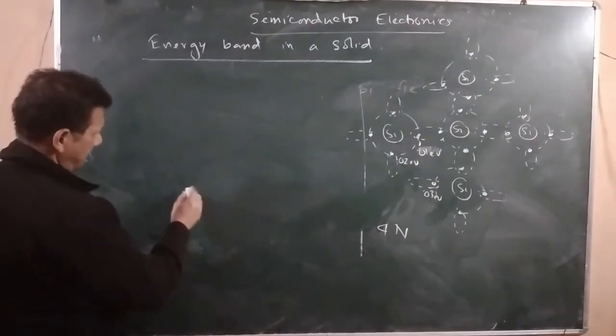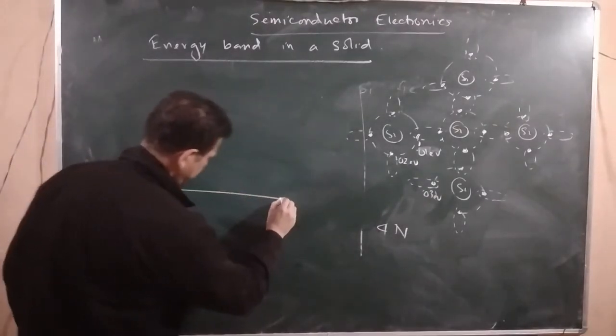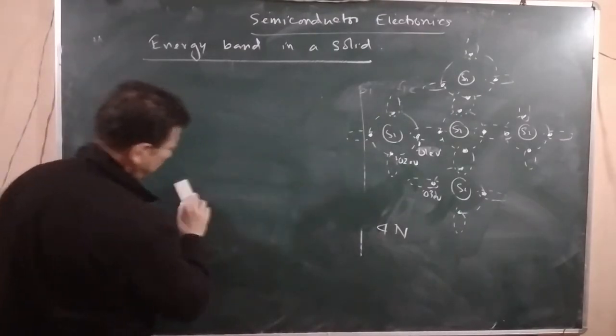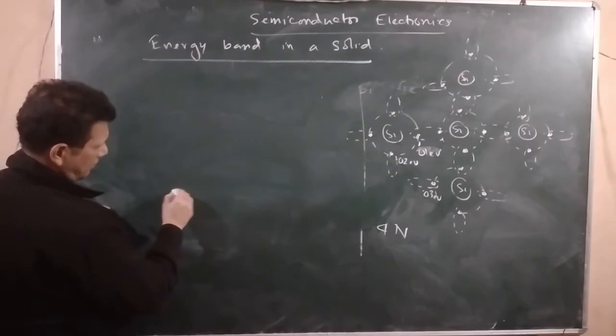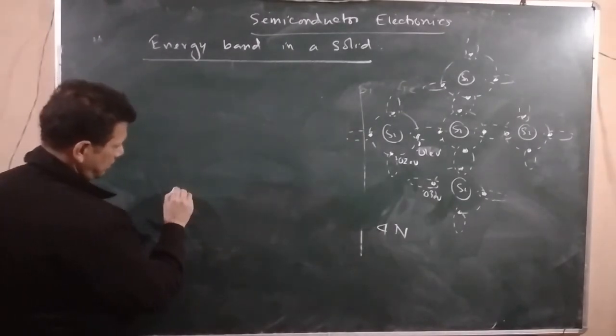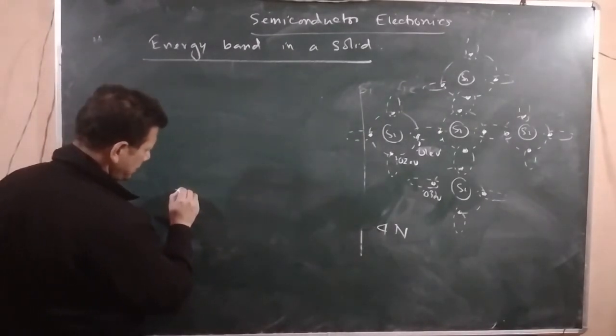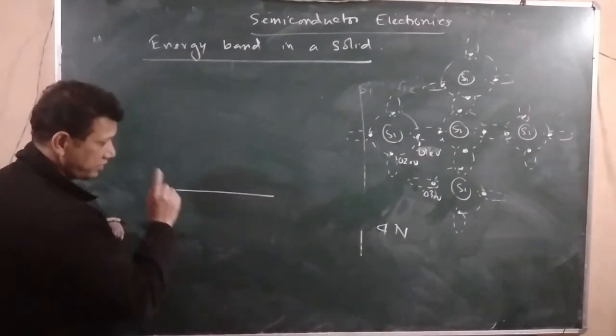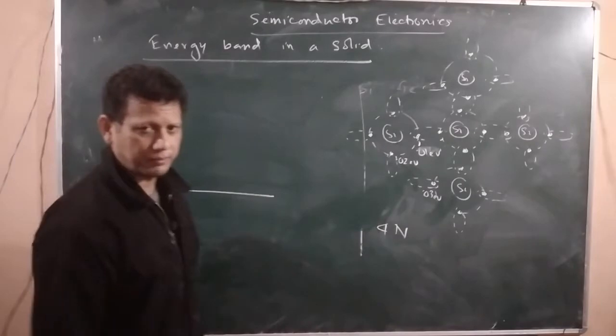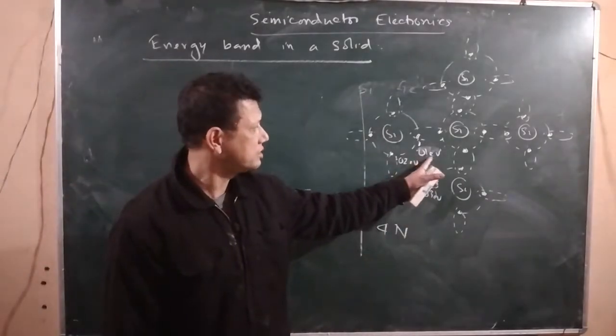Suppose this is the energy level, the amount of energy possessed by the first electron, as for example 0.01 electron volt.